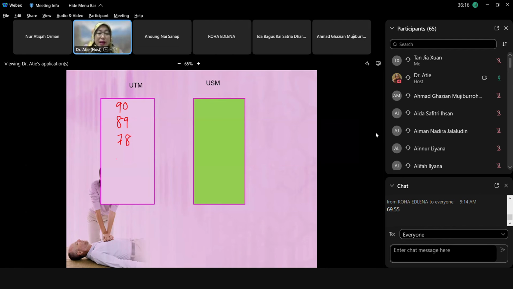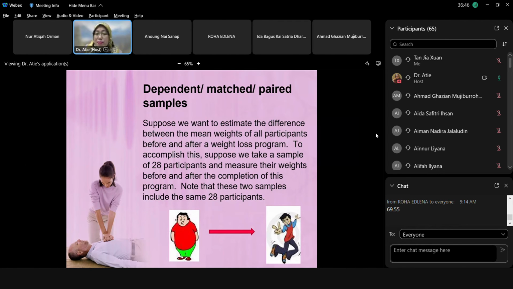If they have scores like 67, 91, 90, and the other group also has 88, 78, 93, 69, 78, they look more similar, right? So then it's okay for us to compare these two groups in order to look at the differences. That one is independent samples.